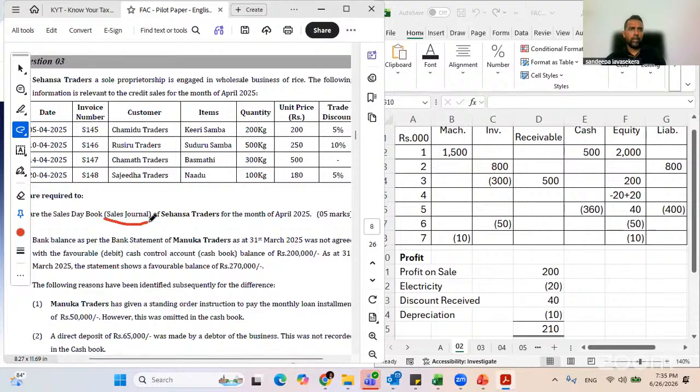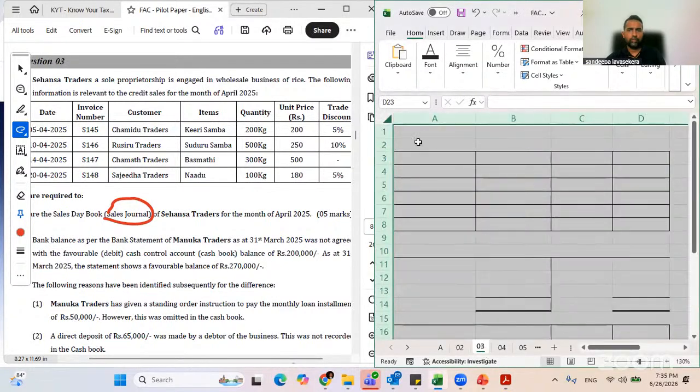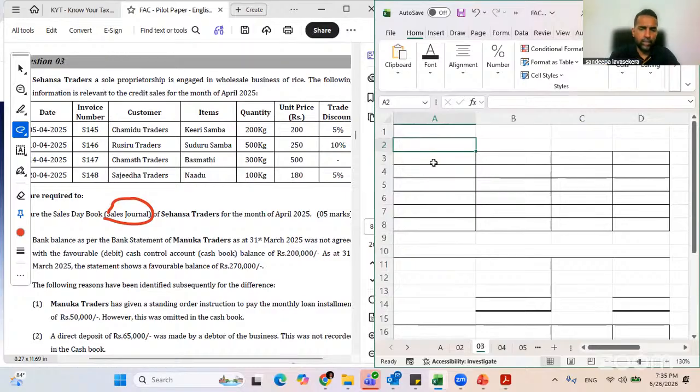We're supposed to prepare the sales journal. Date, invoice number, description, amount.